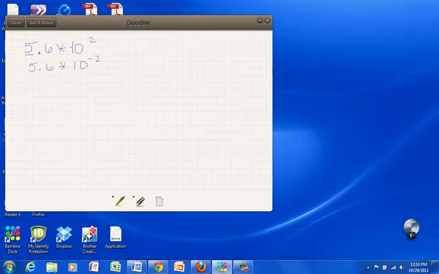The second part of scientific notation is this power of 10, either a positive exponent or a negative exponent. I'm going to put a few examples here, and then we'll talk about how to write them in ordinary notation.